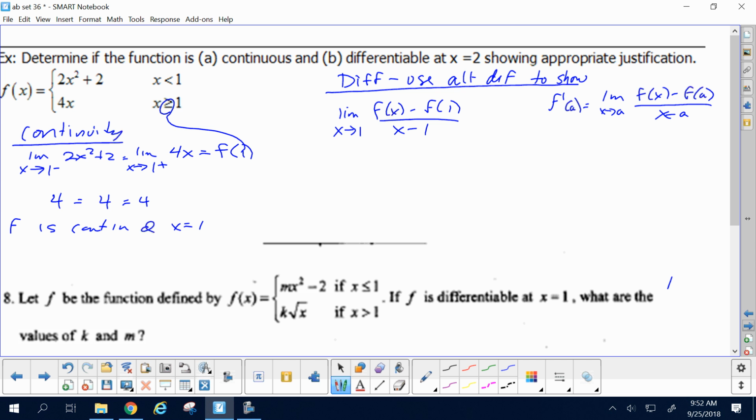Now, I know that the two curves are meeting. Actually, I'm going to draw a picture here. I know that the two curves are meeting at 1, 4. The parabola is meeting the line. Cool? The question is it a smooth meeting or an abrupt change of slope kind of meeting?